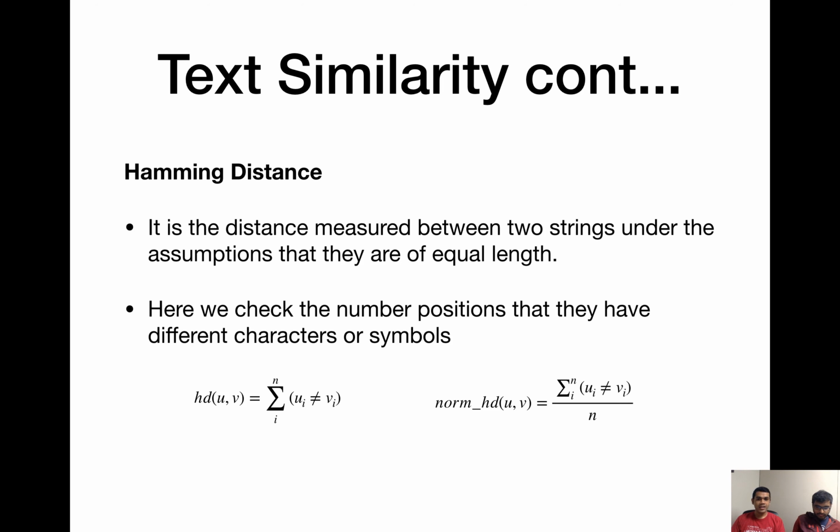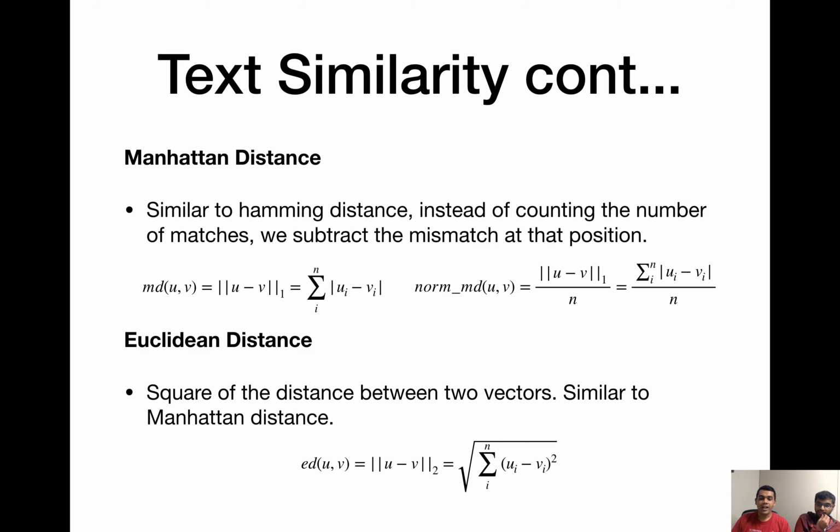And coming to Manhattan distance, it is similar to the Hamming distance, but instead of matching two characters, here we are subtracting the position, the mismatch position, from the original length of the string. So that's Manhattan distance. A normalized form of Manhattan distance, or the most used distance measure, is the Euclidean distance, which everyone is familiar with.